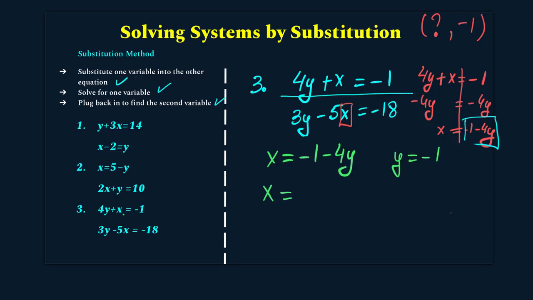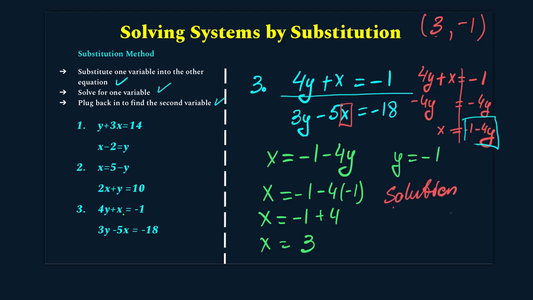And instead of y, now we're going to say negative 4 multiplied by negative 1. And so x equals negative 1, negative 4 times negative 1 will be positive 4, so x equals 3. And here's our solution. X is equaling 3. So our solution is 3, negative 1. That means x is equaling 3 and y is negative 1.